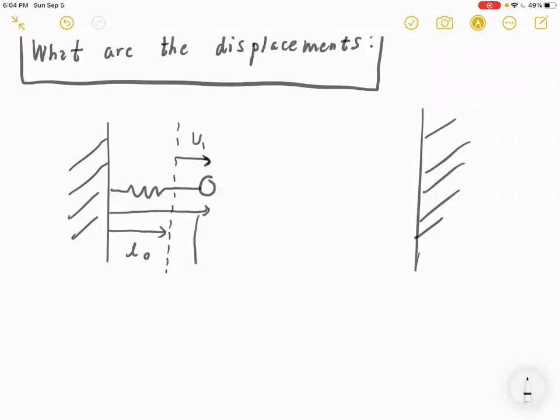So there's going to be a distance L sub 1 between where that mass now resides and the wall. This is similar to what we did before. Okay, the second mass is going to be pulled from its equilibrium position by some distance u sub 2.